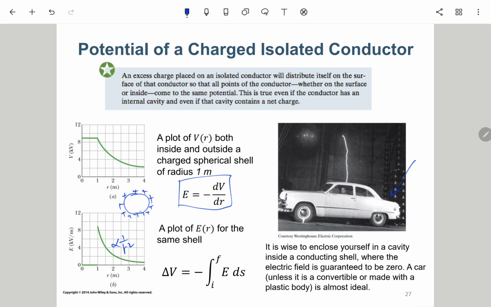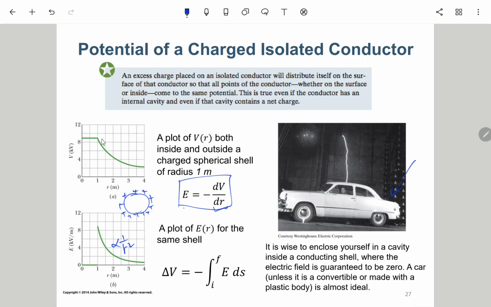We know that dV/dr will be E, but for this region it is 0. So the potential inside the car, or at least inside the sphere, is a constant.